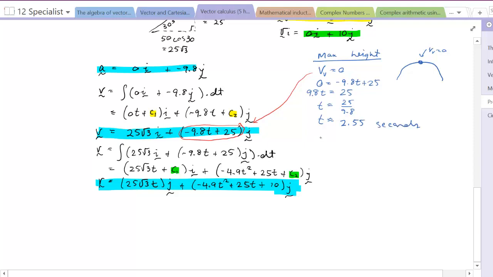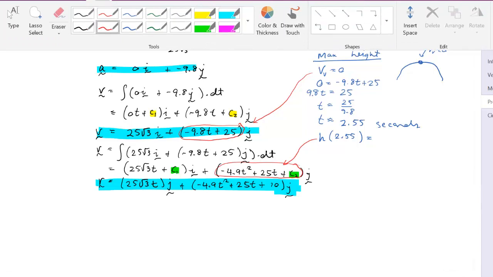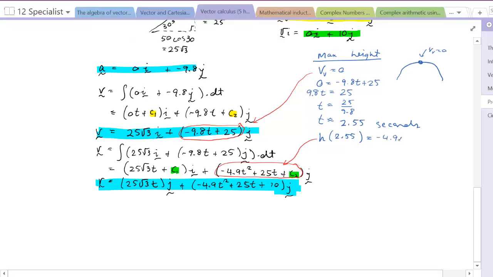So then if we look at the height at 2.55 seconds, so now we're subbing into this height equation here, which is the vertical component of the position, we get negative 4.9 times 2.55 squared plus 25 times 2.55 plus 10, and we get our height. So our maximum height will be 41.89 meters. So there's the first part of the question answered.